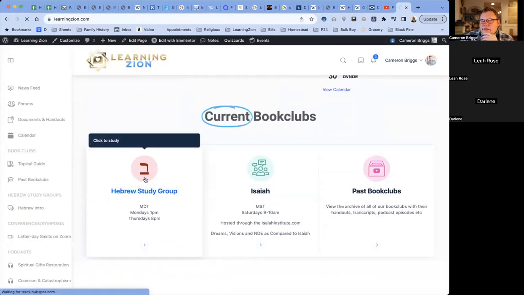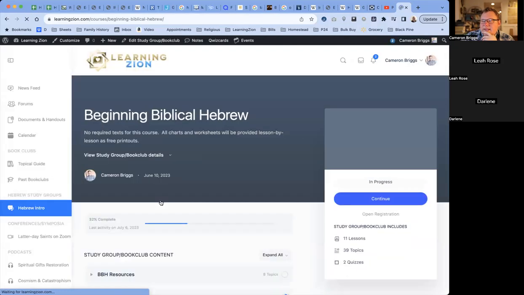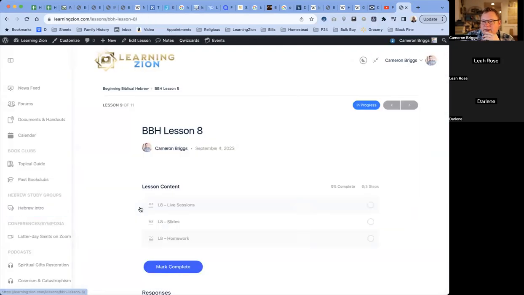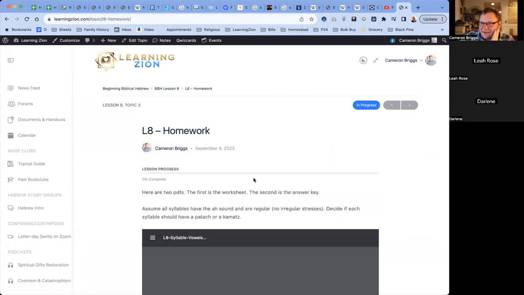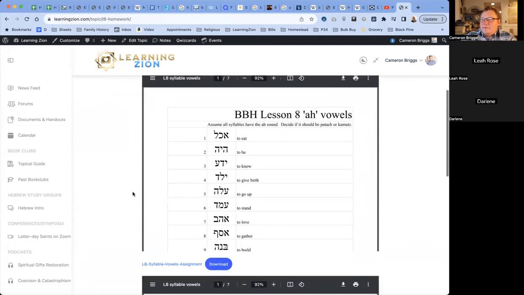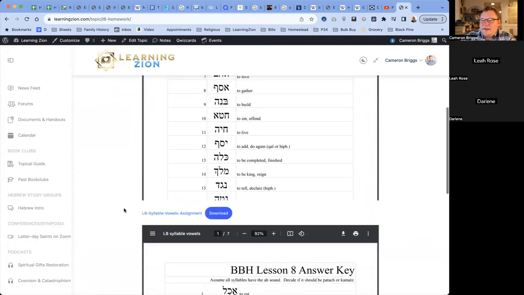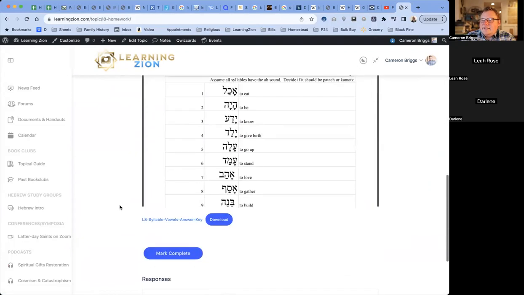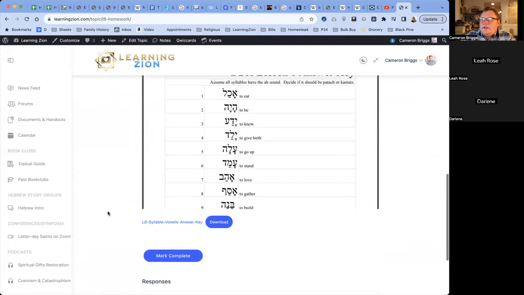So Hebrew Study Group, and then lesson 8, which is this week. I finally have one homework thing on there if you would like more practice. There are two different PDFs here, one is the worksheet and one is the answer key.